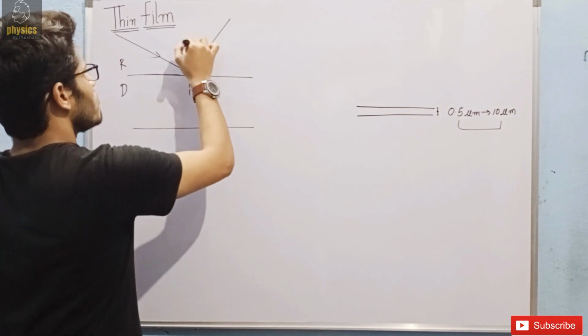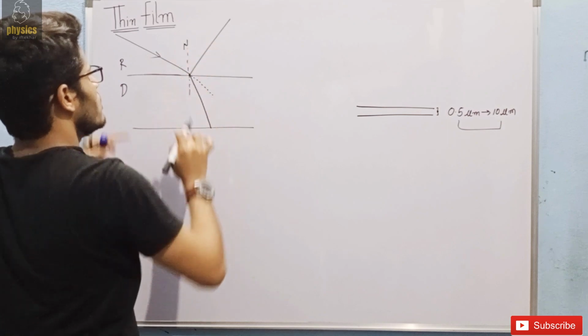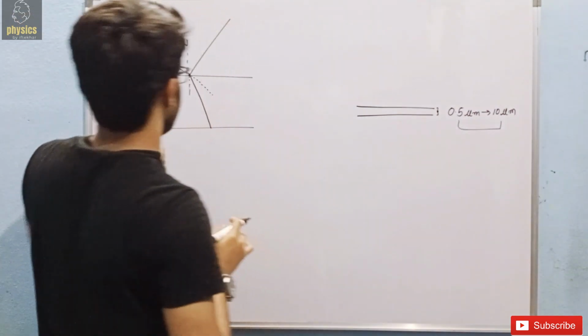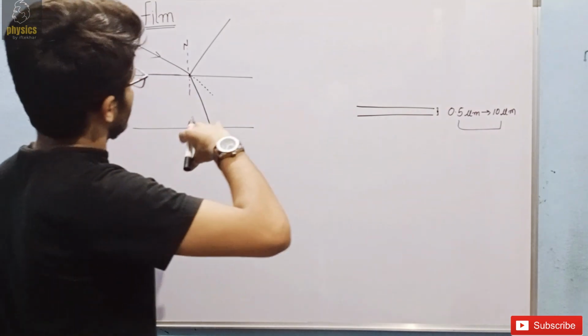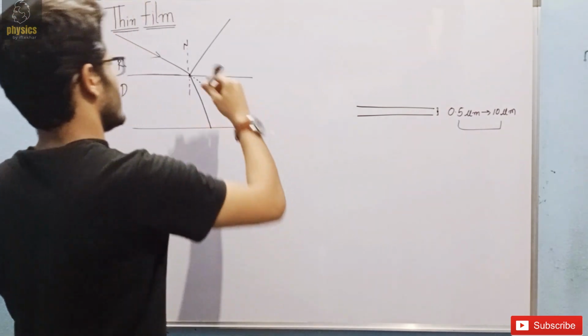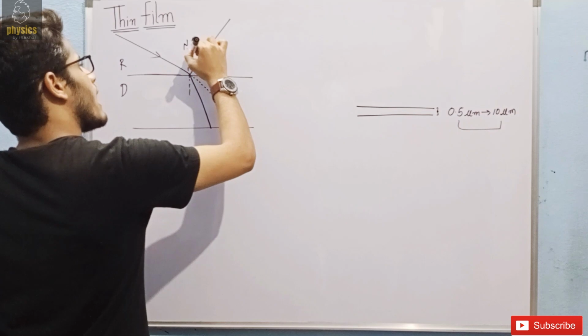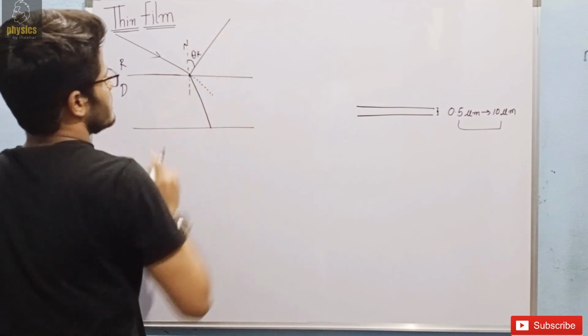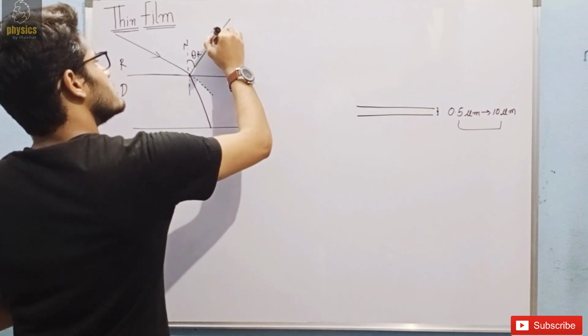This is the normal. We draw the normal to get the angles, at what angle we are sending the light and at what angle the light is getting reflected. So this is the angle of reflection, you can call it theta r. So this is the reflection.